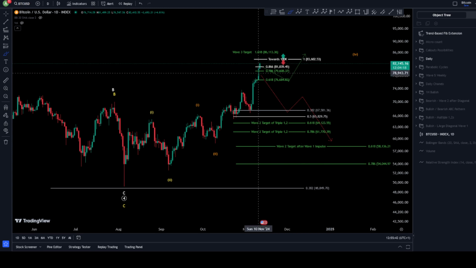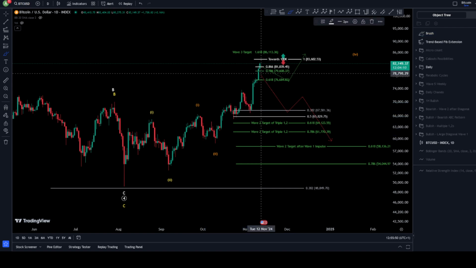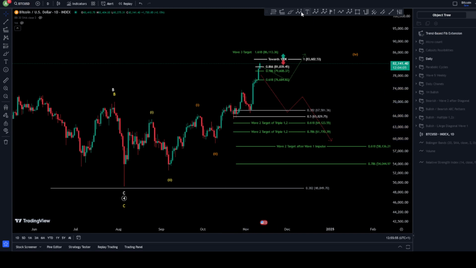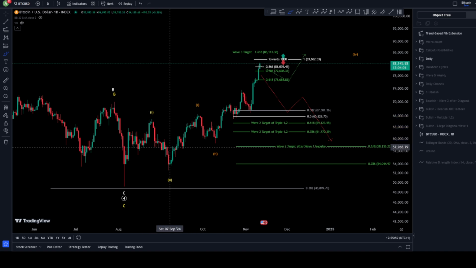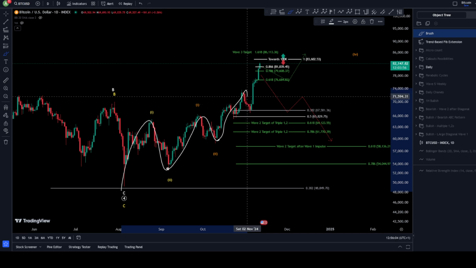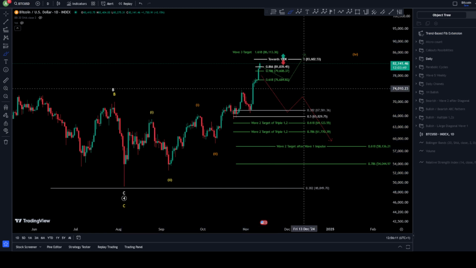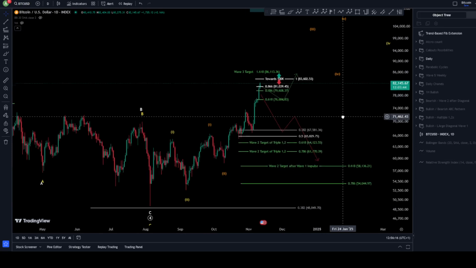By all means, if we reach 83,600, the diagonal itself will be invalidated because wave 5 will be longer than your wave 3, which is not allowed, and therefore it invalidates this scenario and makes sure that this is a 1, 2, 1, 2, and then 1, 2, and then there are no scenarios anymore to stop us other than the fib levels. So that is it for the daily.